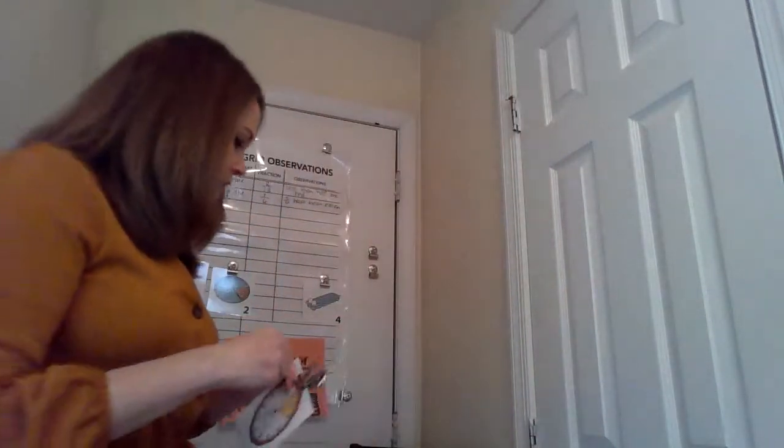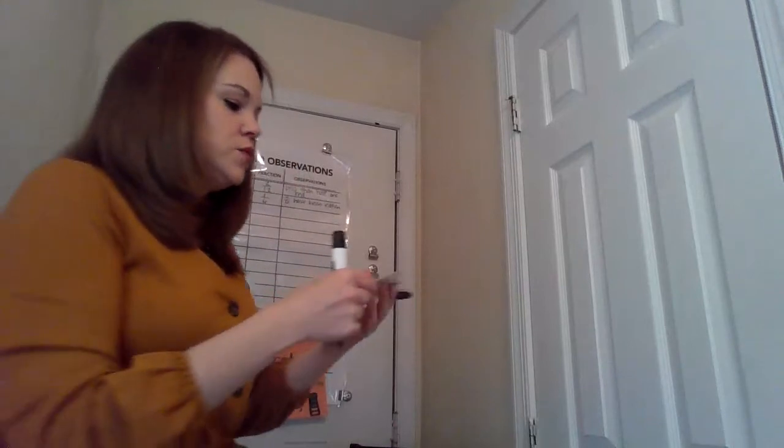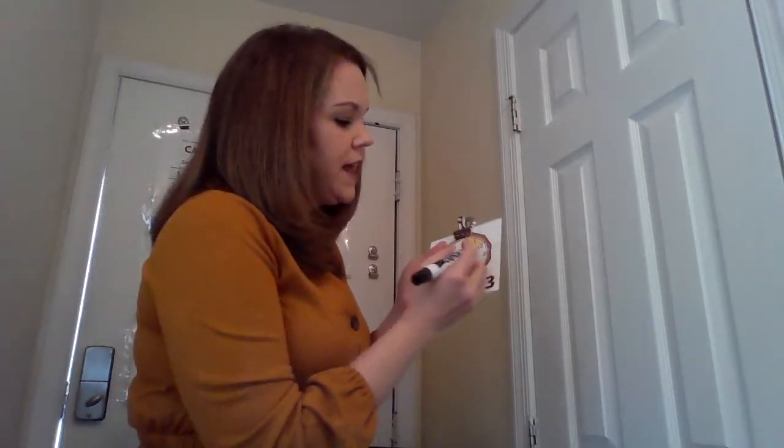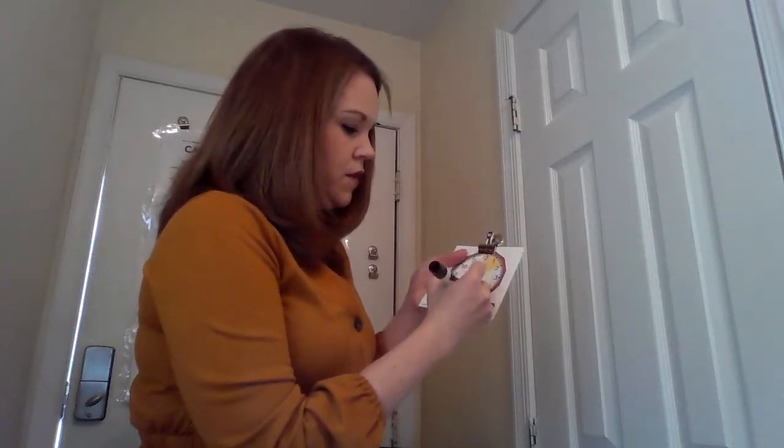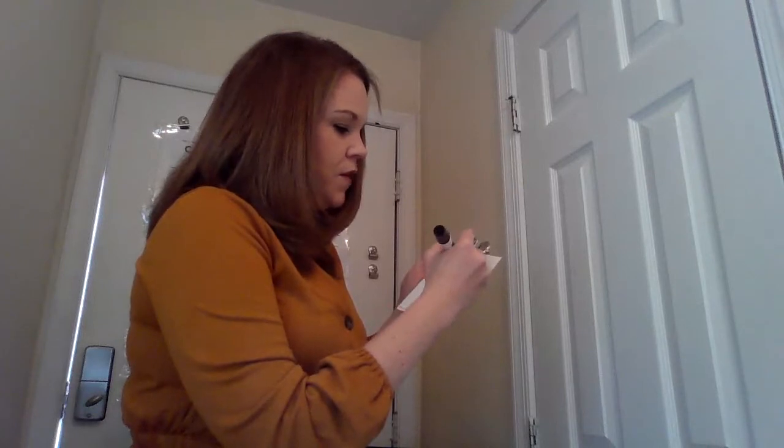So if I take that clock and split it into 10, so this is 10, and then here we have 20, 30, 40, 50, and then we're at the next hour to make 60 minutes. I know my lines aren't perfect, but let's see how much of this clock is yellow.